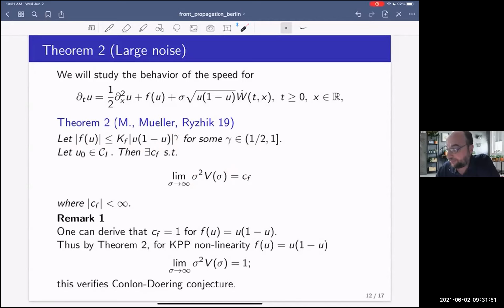And this constant depends on this function f. In fact, we have an explicit expression for how to identify this constant, and this constant is finite.